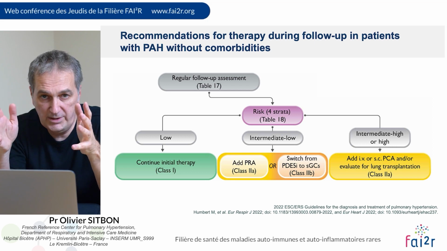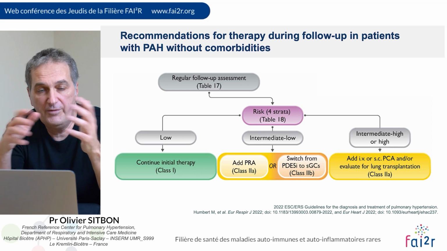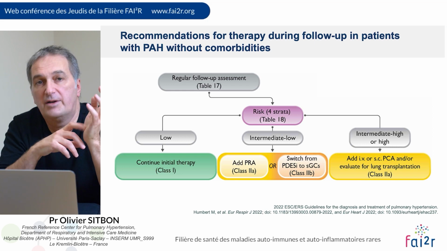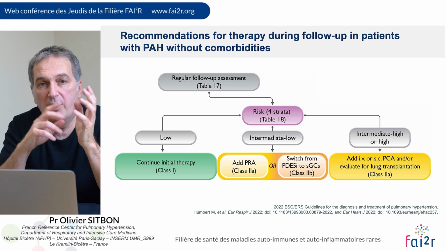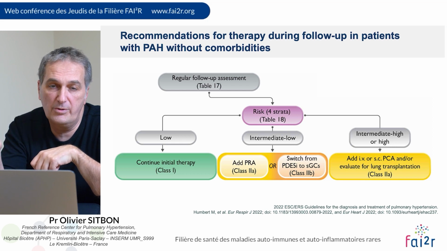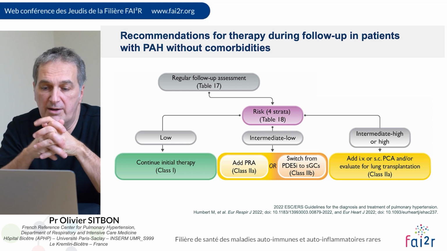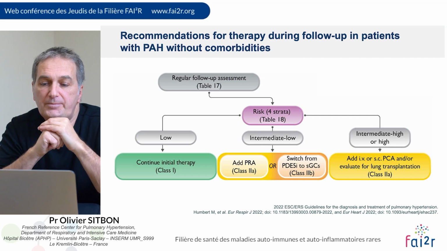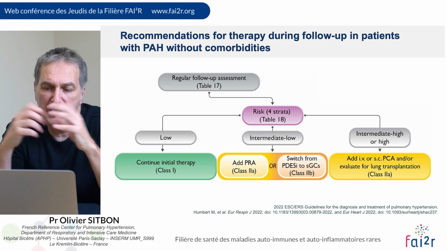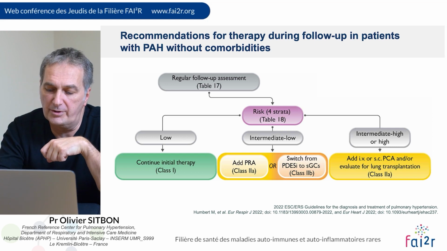For the majority of other patients at intermediate low risk, we have the choice between adding a prostacyclin receptor agonist, selexipag, or switching from PDE5 inhibitor to the soluble guanylate cyclase stimulator, riociguat. However, the evidence for this approach is less good than for adding a third drug.